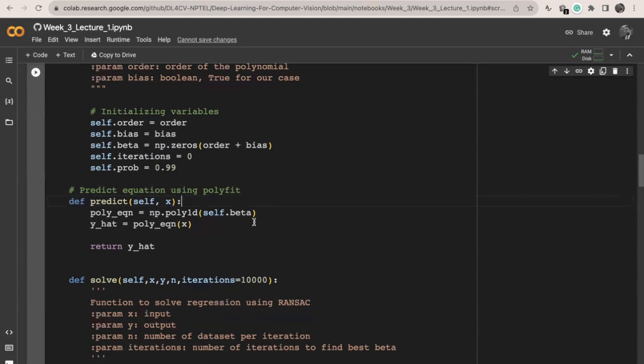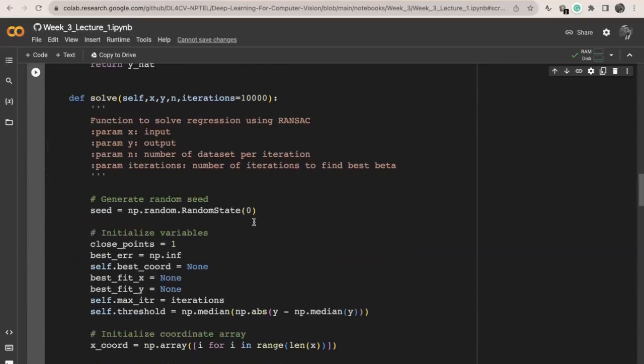So you can say that the predict function can actually give us the polynomial values, the value of y given an x. So this is the predict function.